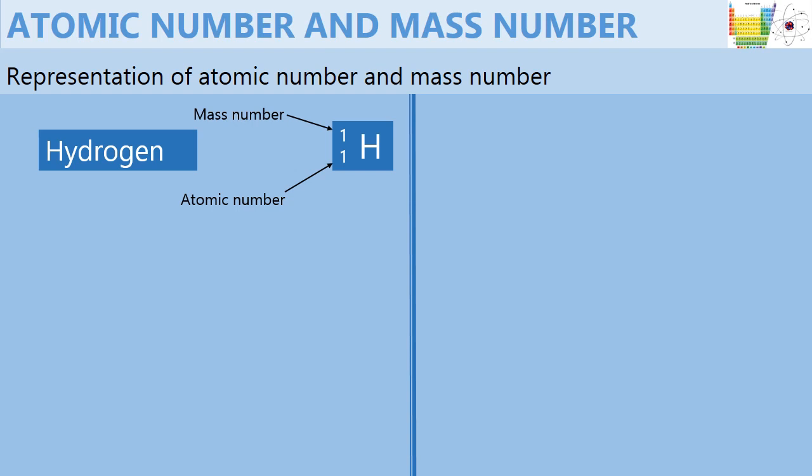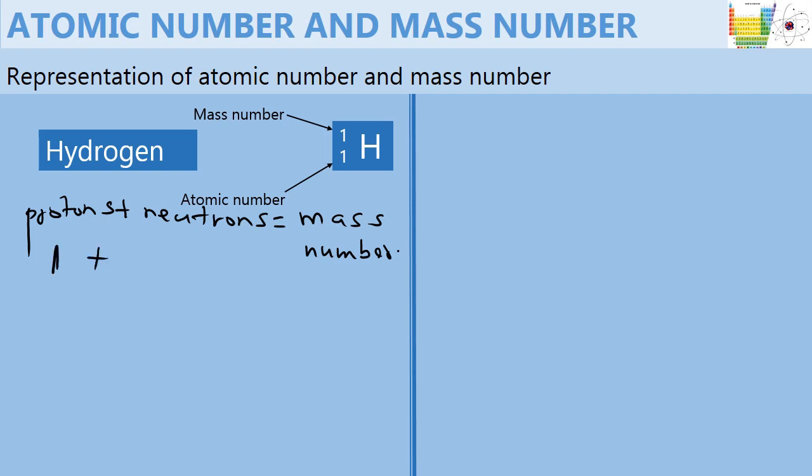Do you remember how we calculated the mass number? It was the number of protons plus the number of neutrons, which gave us the mass number. For hydrogen, it was 1 proton plus 0 neutrons to give us 1 as the mass number.